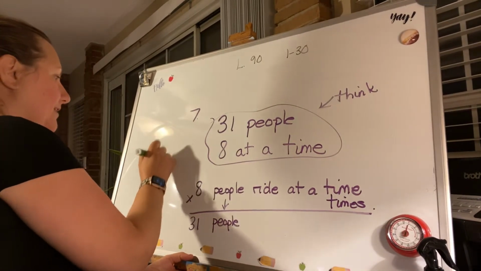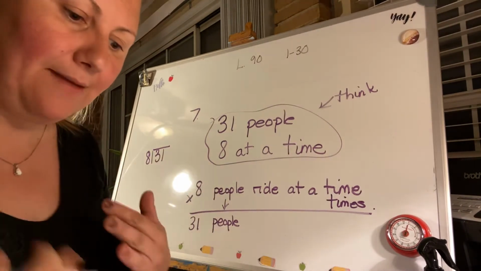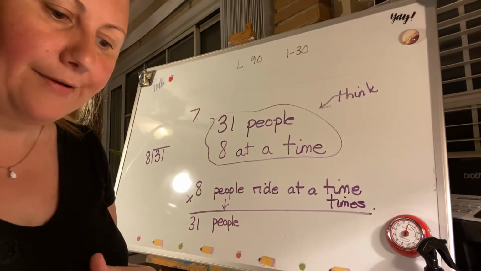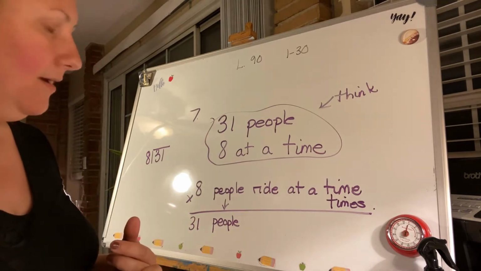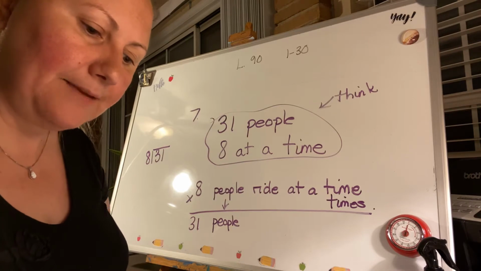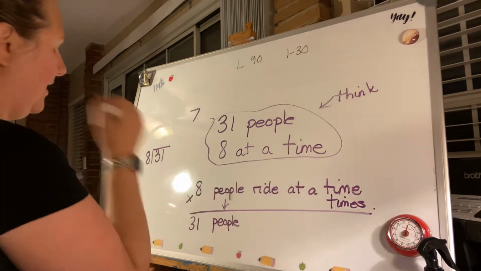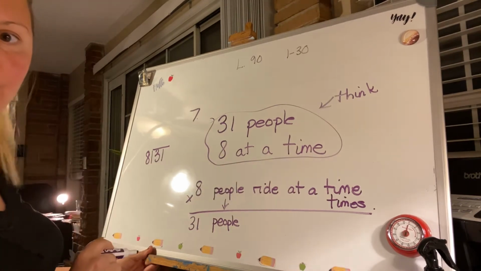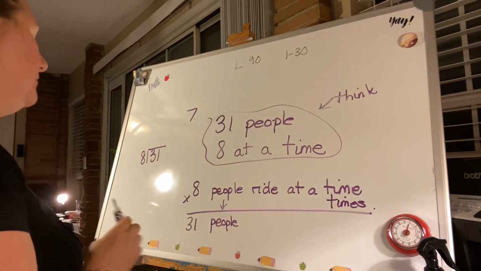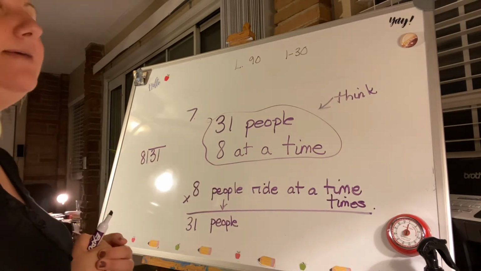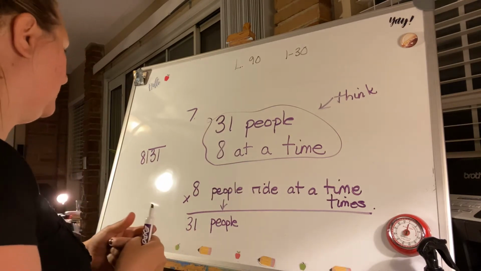So let's see, if I say 31 divided by 8 and figure out that math, then we can move forward. 8 into 31, hope you can see that okay. 8 into 31, let's see, 8 times what gives us 31, or the closest thing to it?